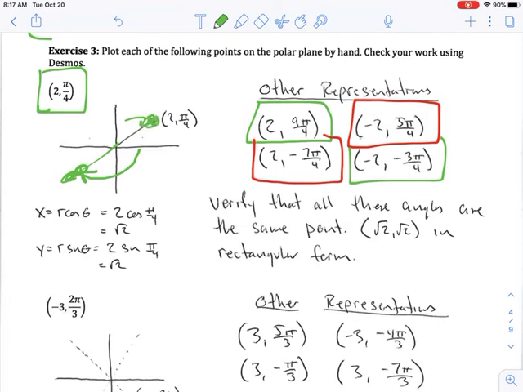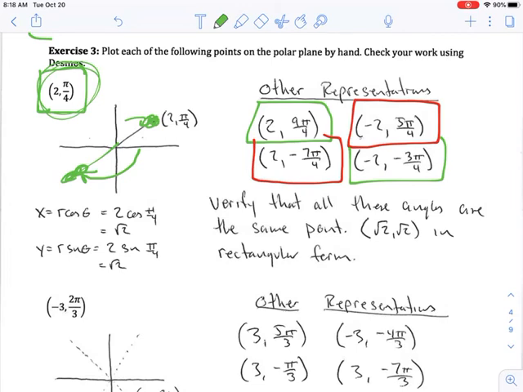Now, that's just 4 different representations of the same point. So including the original, that's representing it 5 different ways. There's actually an infinite number of different ways of representing that point in polar coordinates. So polar coordinates are not unique.